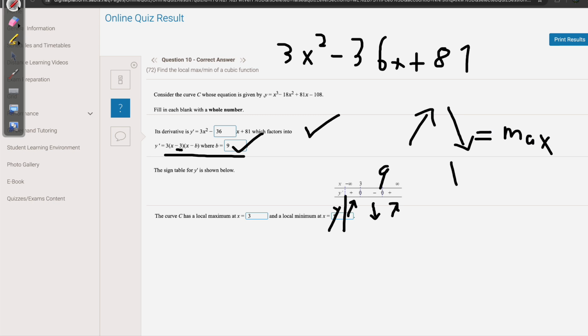But if it's down, up, it's a minimum. Okay. So we know up, down is when it's maximum, which is at x equal to 3. Then minimum is down, up, which is, as we said, x equal to 9.